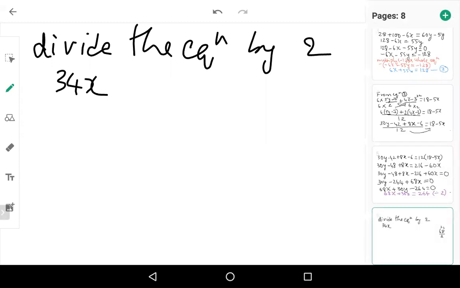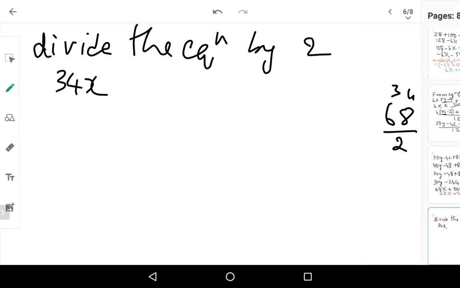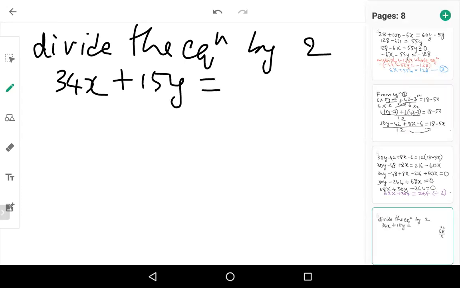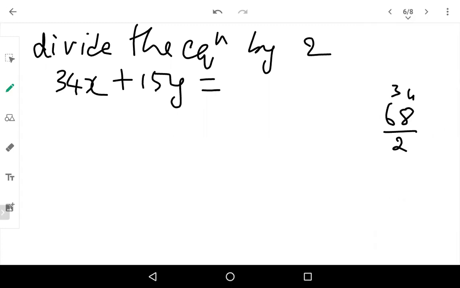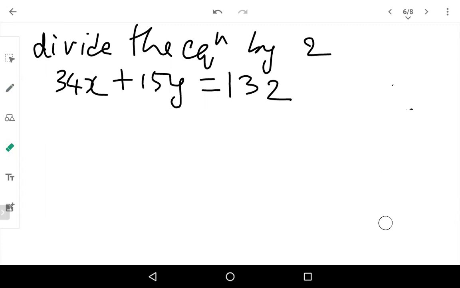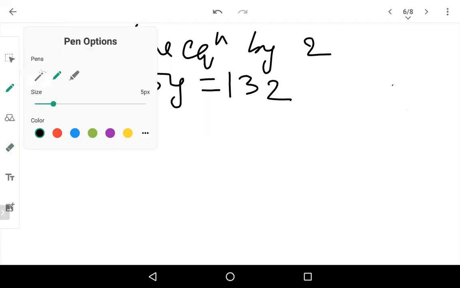Then 30y, that's going to be plus 15y is equal to 264. 264 by 2: 2 ones are 2, 2 threes are 6, 2 twos are 4. So you get 132. So this will be your equation number 4.